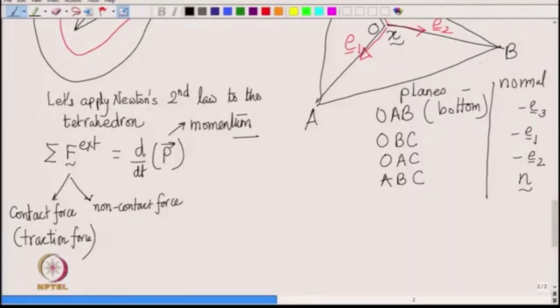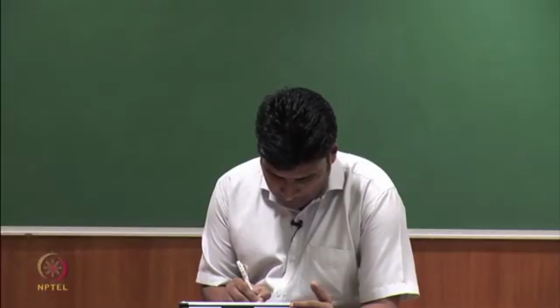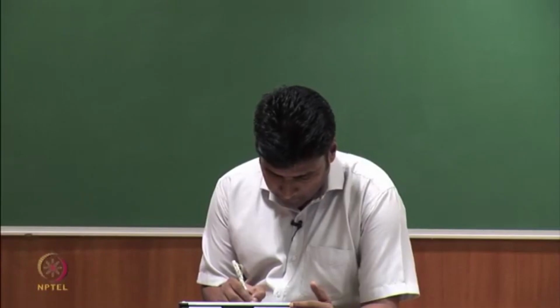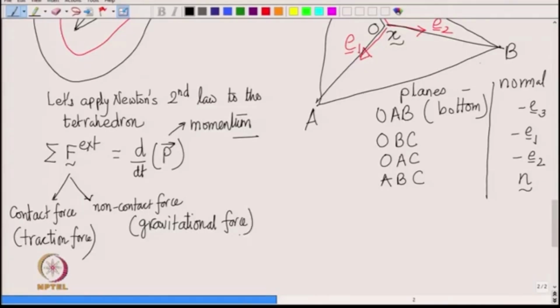So, one example is of course the gravitational force. And this is also denoted as body force, okay, body force. Body force because it acts on every point of the body, every point of the tetrahedron.